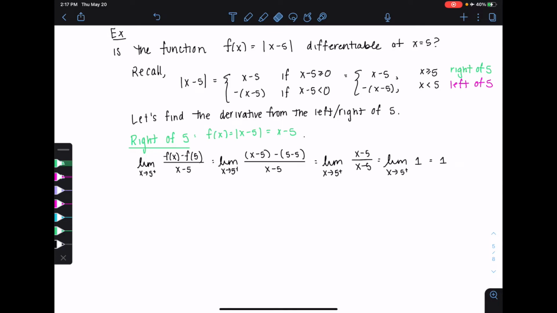But for this derivative to exist, the overall limit has to be the same. So I need to see what's happening to the left of 5, which is where we're going to use this bottom piece. So I really want to do exactly the same thing, but now I want to approach 5 from the left. So we want to take the limit as x approaches 5 from the left of our definition of the derivative at 5.